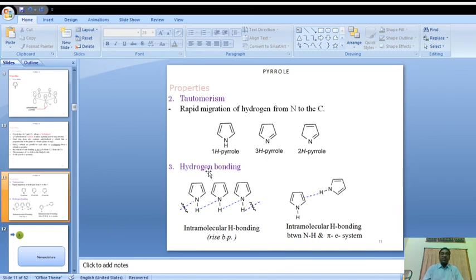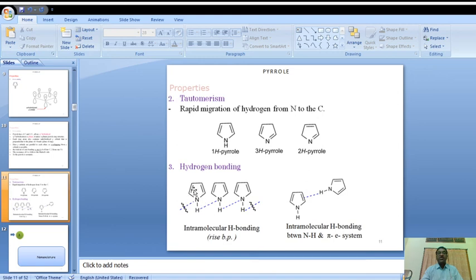Here, please observe, it is represented with a dotted line. It is not an original sigma bond; it is a partial bond between the hydrogen and the nitrogen.